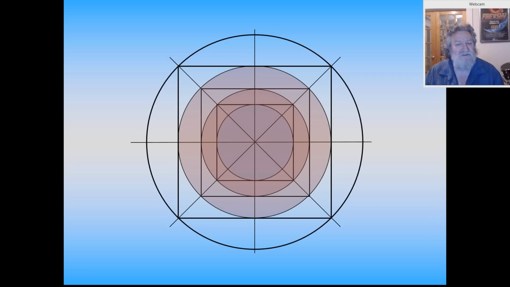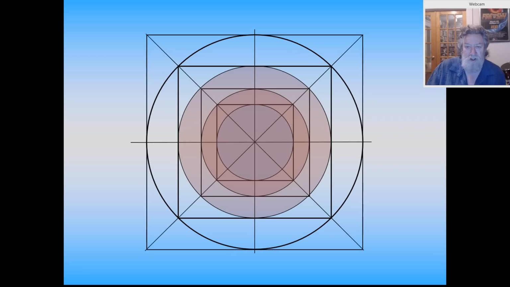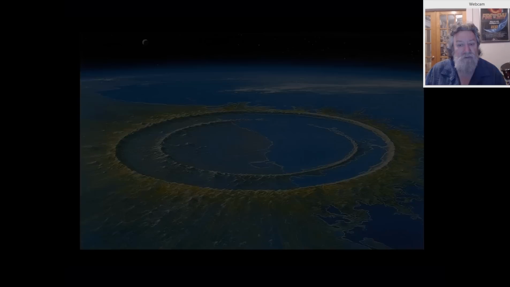So again, this gives us this particular sequence, and I will be showing you some future examples of how this sequence of rhythmical square root 2 expansion serves as the basis for developing quite a number of the ancient sacred structures. And we find this particular expansion ratio in nature, which is quite interesting. We'll enclose this in one more square like this.